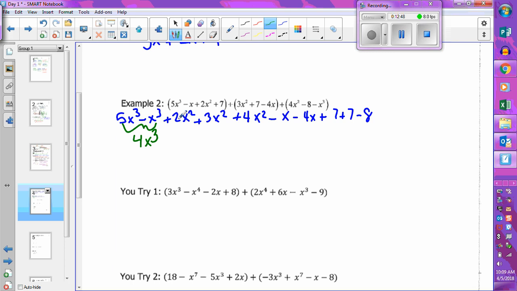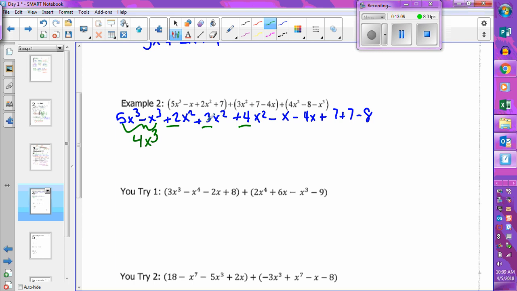So now we have a 2x to the second degree plus a 3x to the second degree plus a 4x to the second degree. So all we have to do is add, because they're all positive, add our 2, add our 3, and add our 4.